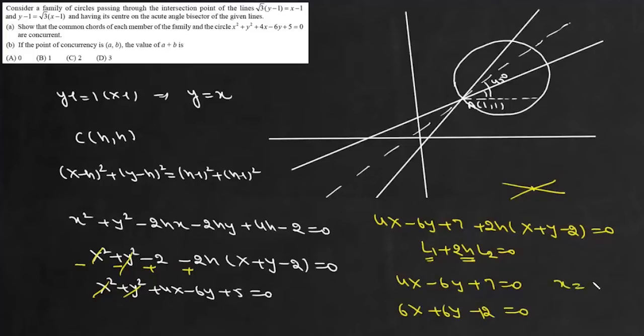So the value of x is 1 by 2. And when we put x as 1 by 2, we'll get y as 3 by 2. So basically that fixed point is 1 by 2 comma 3 by 2. Now that's your a and this is your b. We need to find the value of a plus b. Now the value of a plus b is 4 by 2, which is simply 2, and that's your option C.